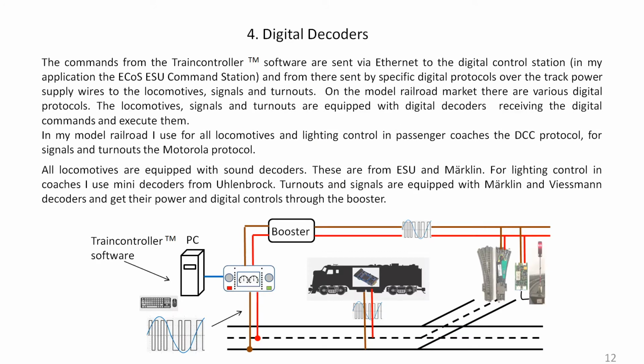The digital decoders which I use are mostly from ESU. There are just 2 or 3 from Märklin. How do they get their signals?